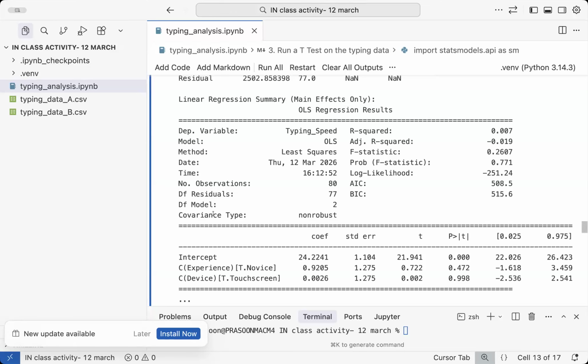Because the p-value is very high, you cannot reject the null hypothesis that the coefficient is indistinguishable from 0. Therefore, you conclude that there is no correlation between experience and typing speed.